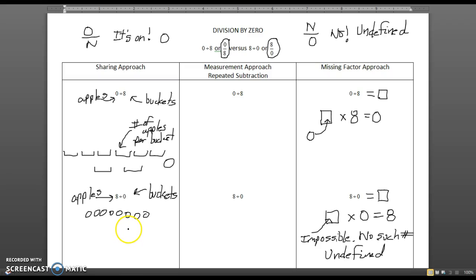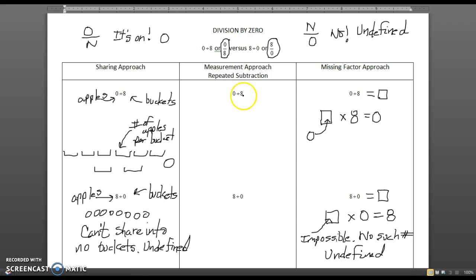So I can't perform the task that I'm being asked to perform. If there's no buckets, I can't share them. So I can't share into no buckets. So here's where, again, I'm saying I can't even do this operation. It's an undefined operation when you're trying to divide by 0.